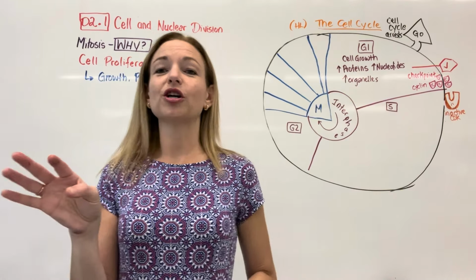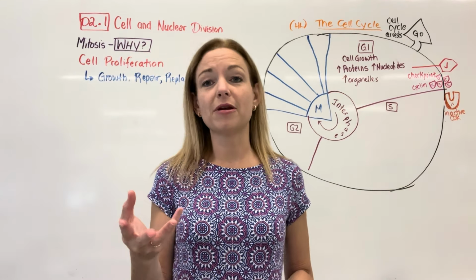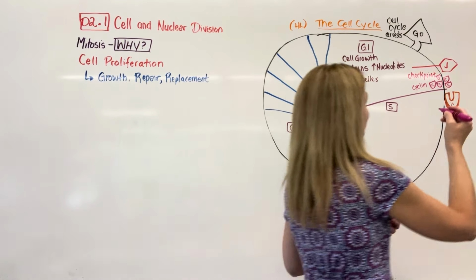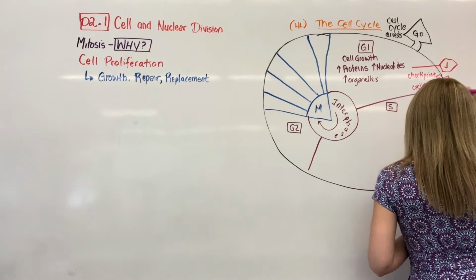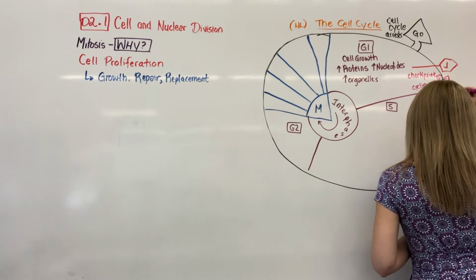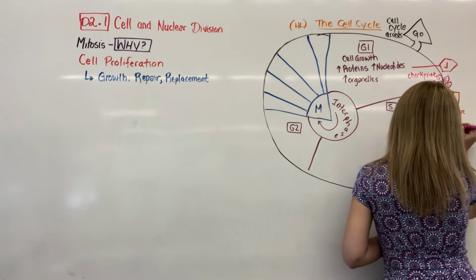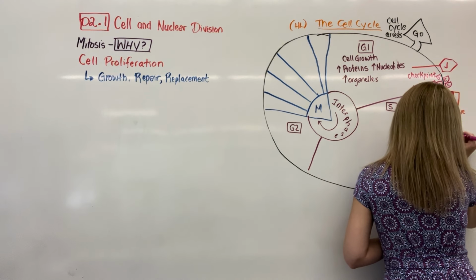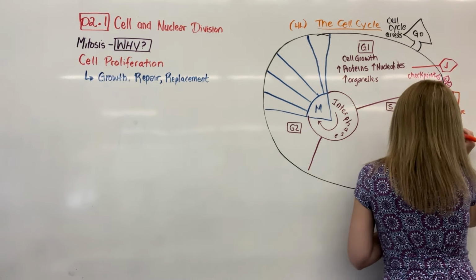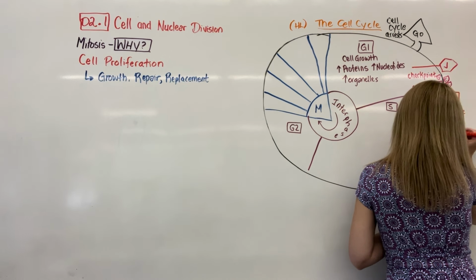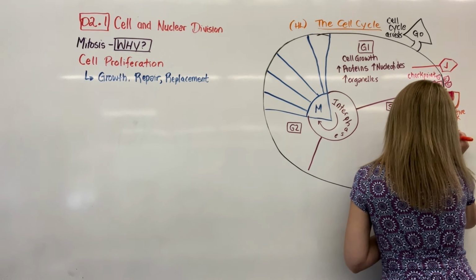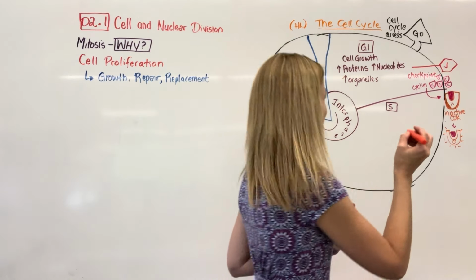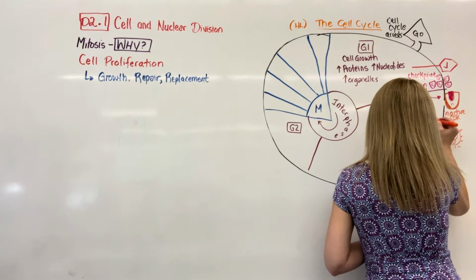So under normal circumstances, if the cell has not grown enough and isn't ready, the CDK is inactive. But once that cyclin has been made, it is going to come over here and it's going to bind to it, and that is going to activate it. So when it has cyclin attached to it, that actually wakes up the CDK. So now he's happy and alert. Woo! So ready. And when CDK is active, it will progress the cell cycle.